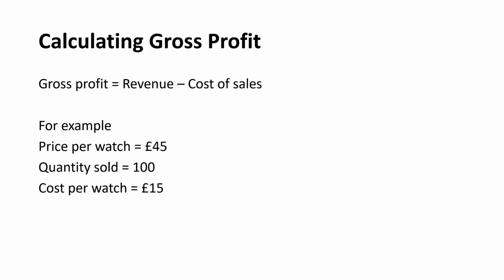The price they sell their watches for is £45, so the customer is paying £45 for one of their watches. They're selling, in this example, 100 of those watches, and the cost for the business to make one of these £45 watches is £15. So how would we work out the gross profit for this business?